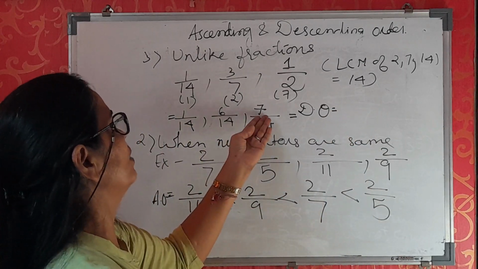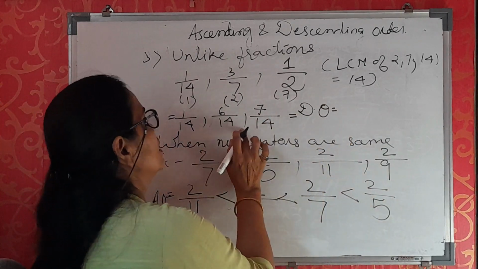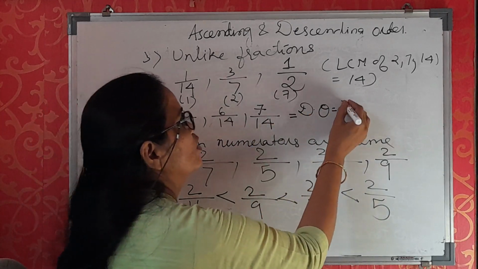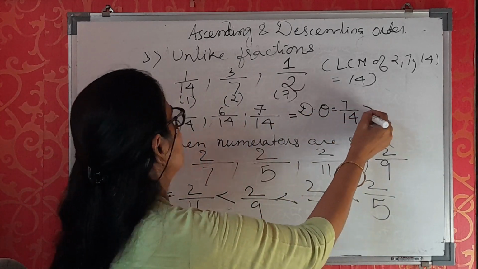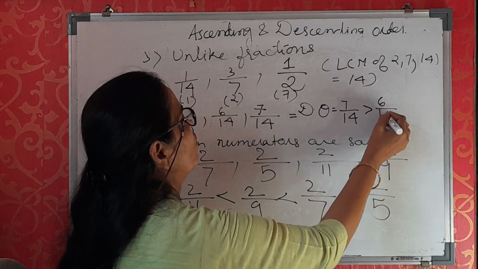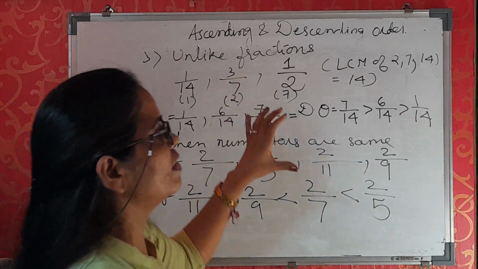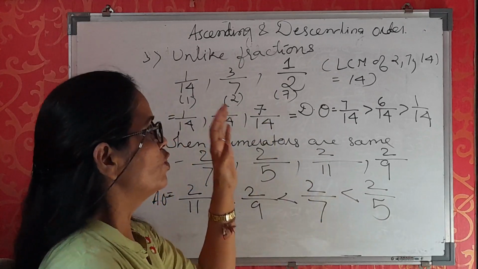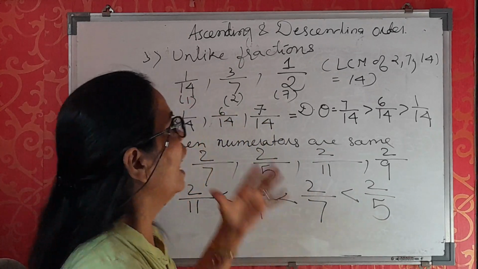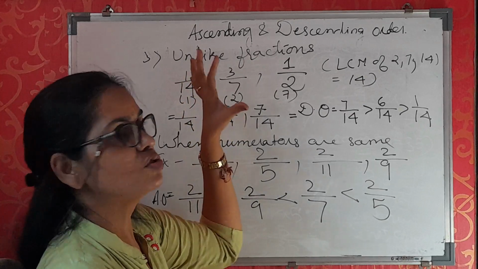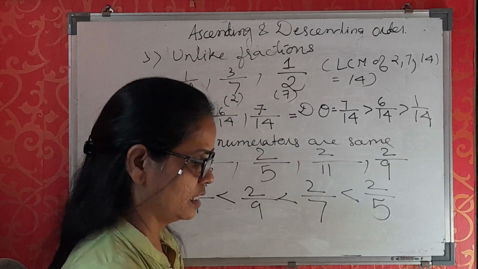The bigger numerator is 7 because the denominators are same. So 7 upon 14 is bigger than 6 upon 14 is bigger than 1 upon 14. This way, in simple steps, you have to learn the skill and solve the fraction sums.